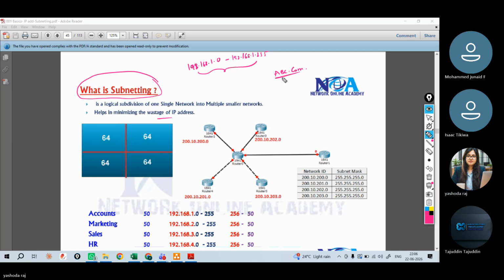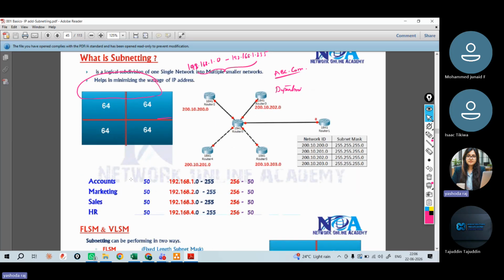Now I have multiple departments. Which are those departments I have? abc.com has accounts department, marketing department, sales department, and HR department.